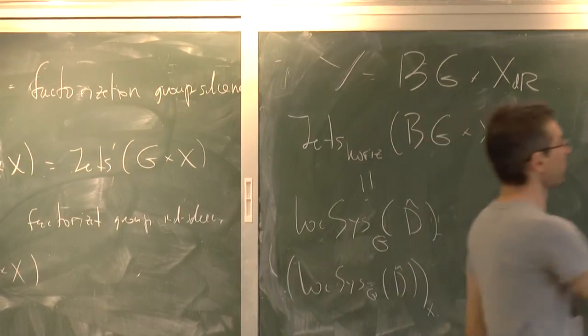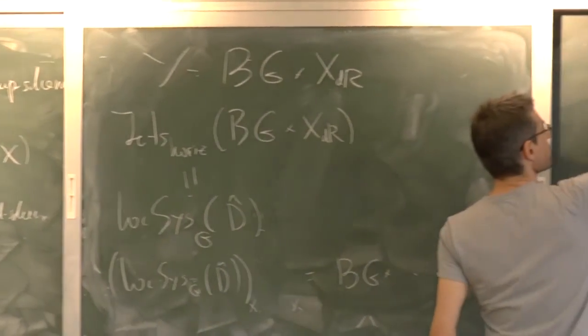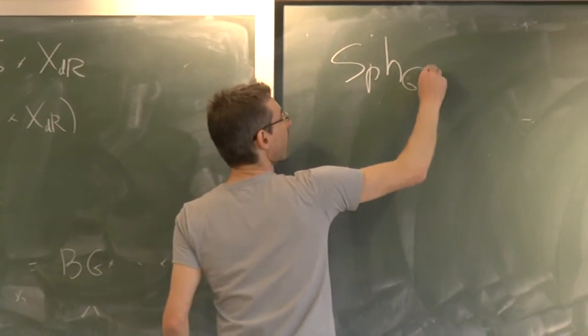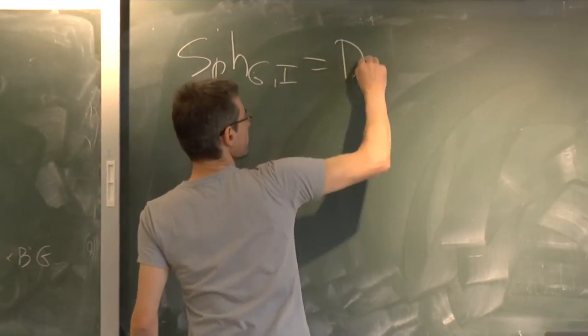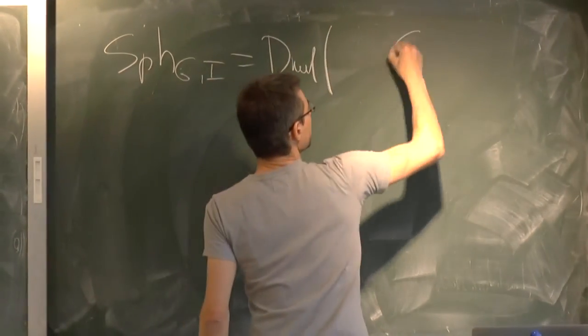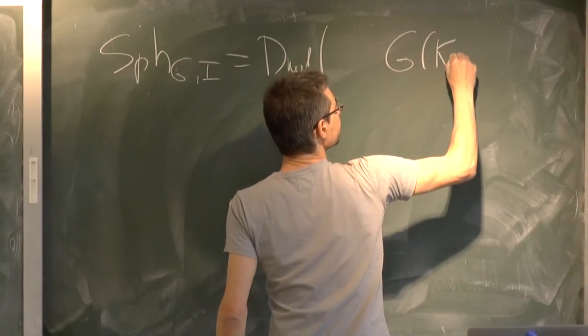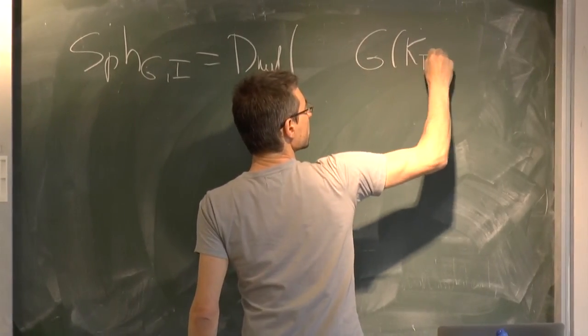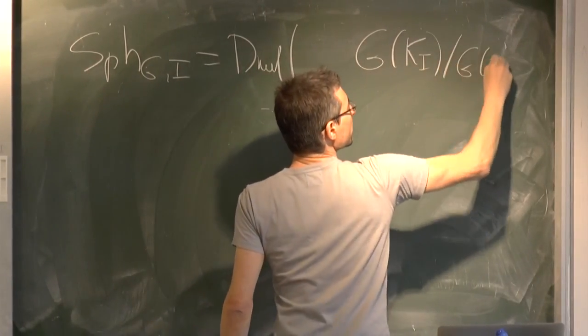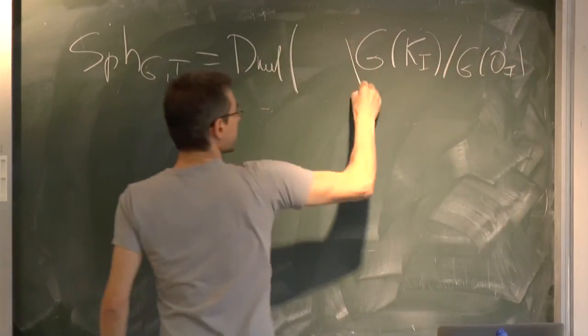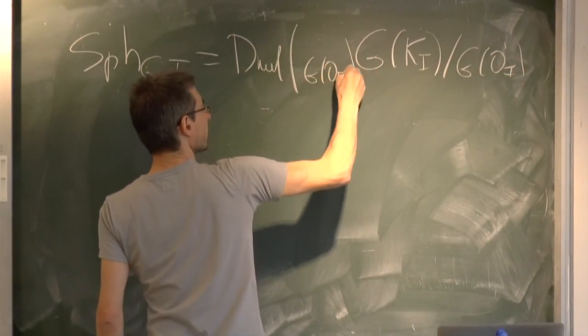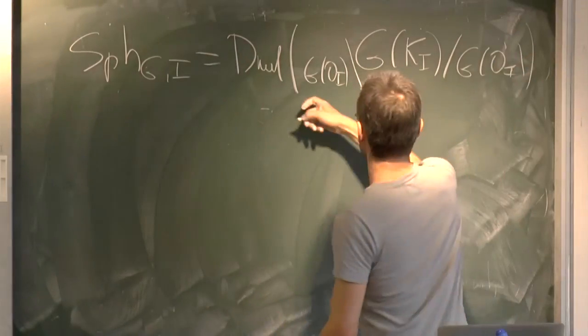So now we are in the position to say what is Sf I. So this is D-modules. And again, in the next hour, I'll set up this theory so that it makes sense.